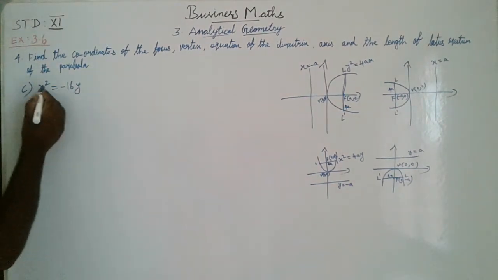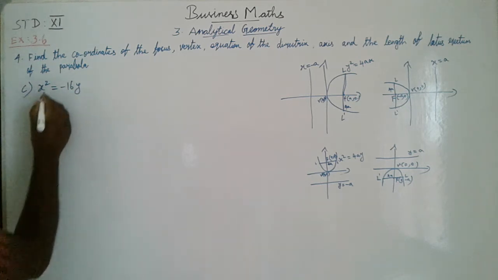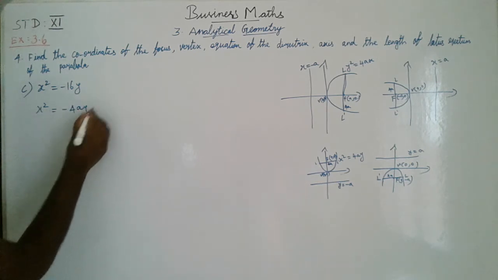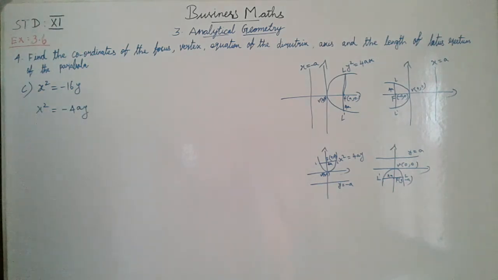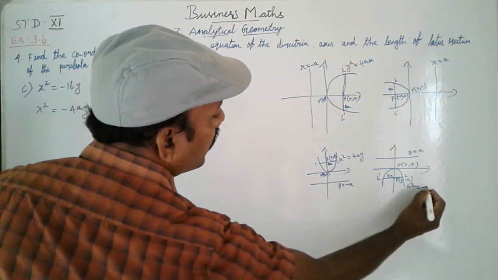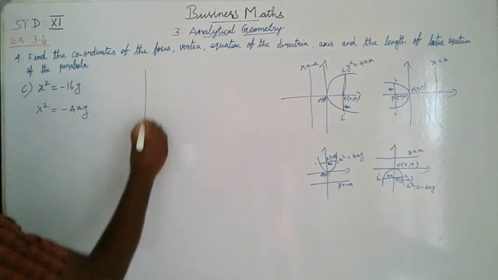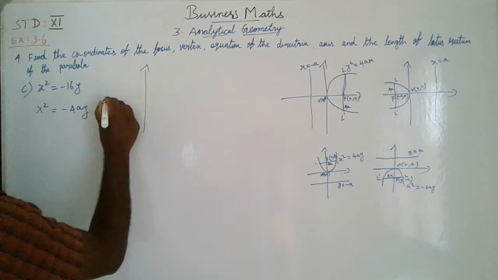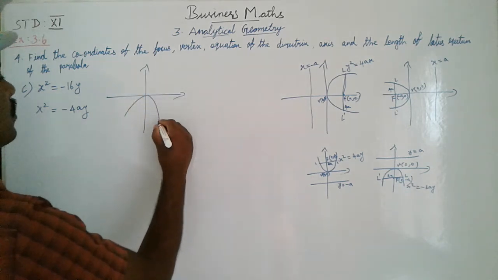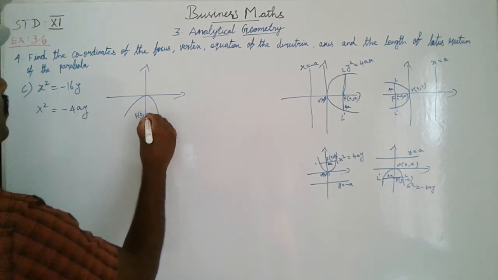Question C. x square equal to minus 16y. This is the form x square equal to minus 4ay, so the parabola opens downward. Focus F(0, minus a).